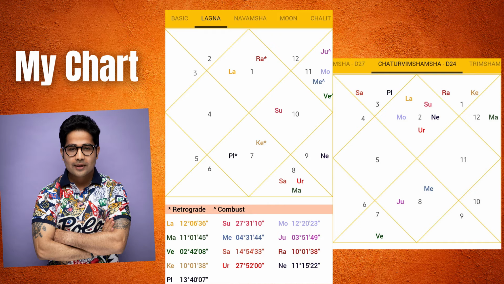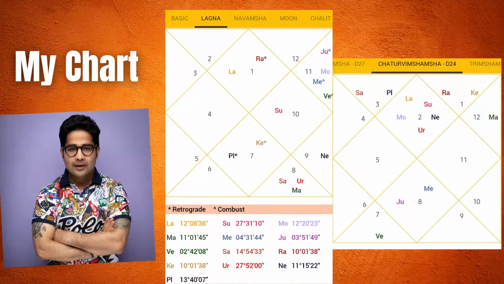My first house lord in the D24 chart is Venus, which is very well placed in the 6th house in its own sign. And the 5th house lord, Mercury, is also conjunct with Jupiter in the 7th house, that too in Scorpio, which again has to do with occult sciences, research and exploration.